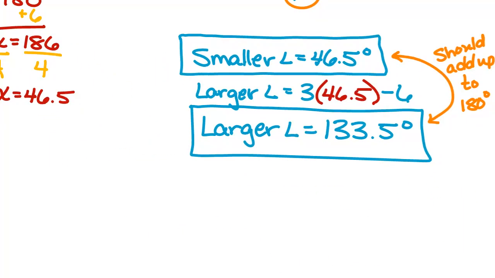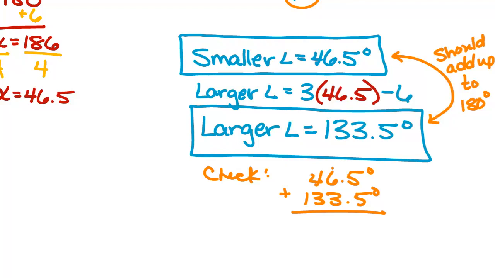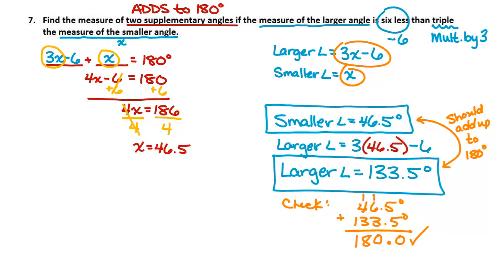So let's check that. 46.5 plus 133.5. 5 and 5 makes 10, so carry the 1, bring down the 0, bring down my decimal point. 6 and 1 is 7, plus 3 more, that's another 10. 4, 5, 5 and 3 is 8. We get 180. Very nicely done.